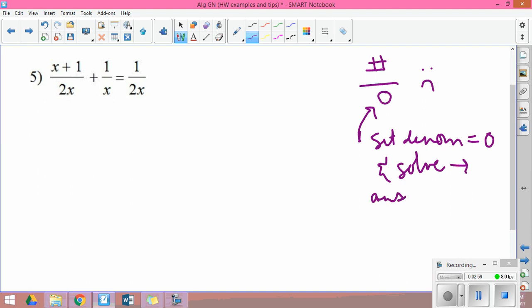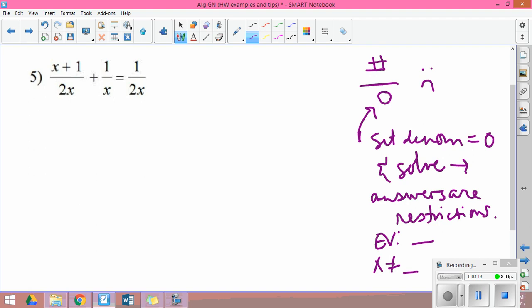The answers are the restrictions. And you either can say excluded values and list them, or you could say x can't be, and you can give your numbers.